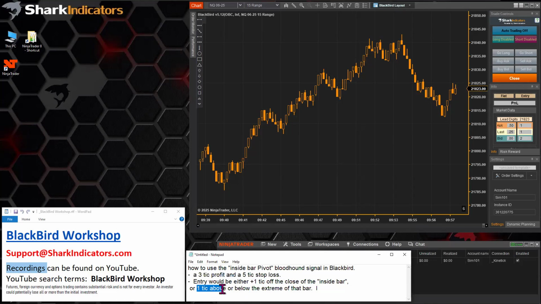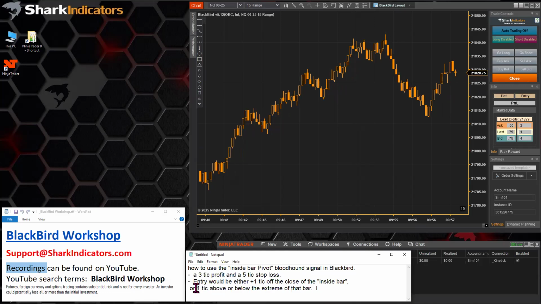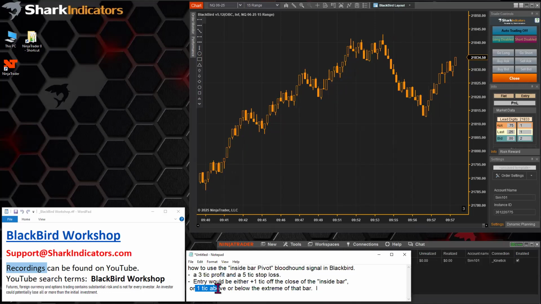Alternatively, we'll create another setup for this entry, which could be 1 tick above the high or low of the bar.